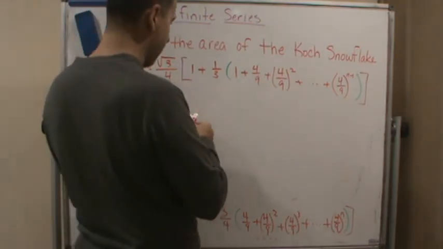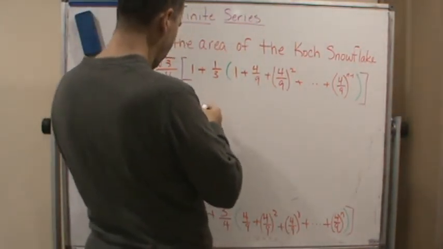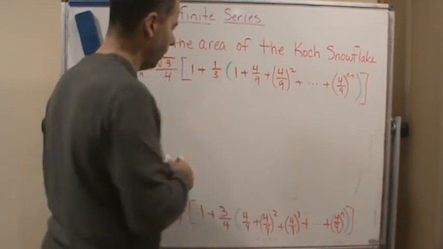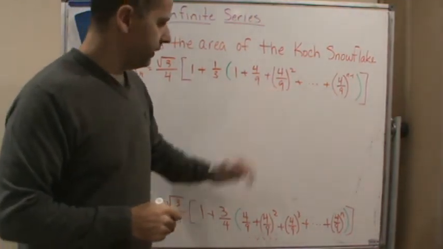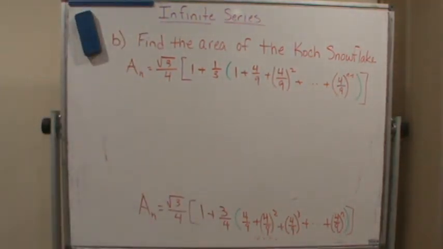Remember this piece right here: this is your A, and this is your 4/9, or your r value. So now, this is a geometric sum.